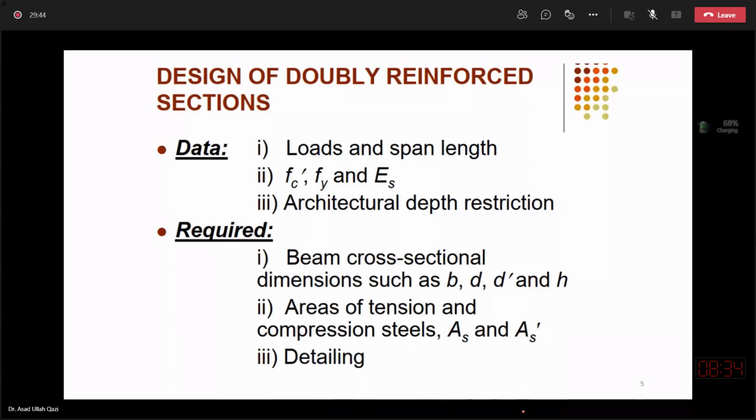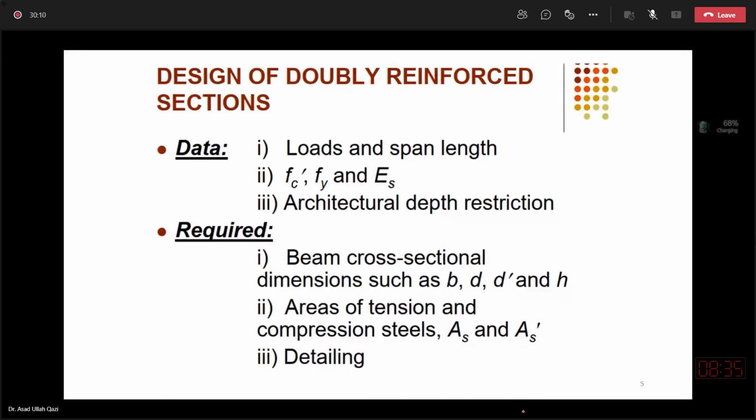So just like other design problems, as a structural engineer, when you are asked to design the beam, you will be given the architectural working drawings. That's it. The architect will tell you about the dimensions of the room sizes, the story heights, and the permissible clear story height. He may have some concern on the beam depths.